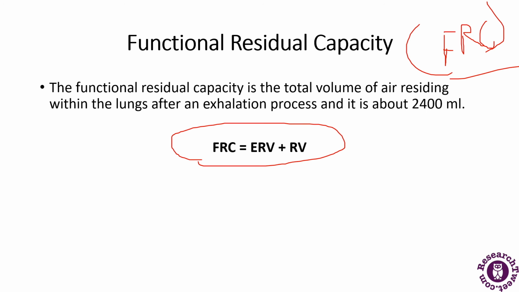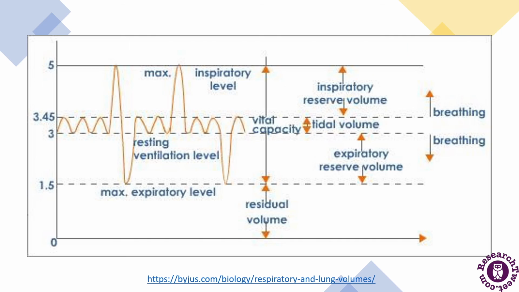So this is the formula for it. The functional residual capacity is the total volume of air residing within the lungs after exhalation, the breathing out process, and it is about 2400 ml.